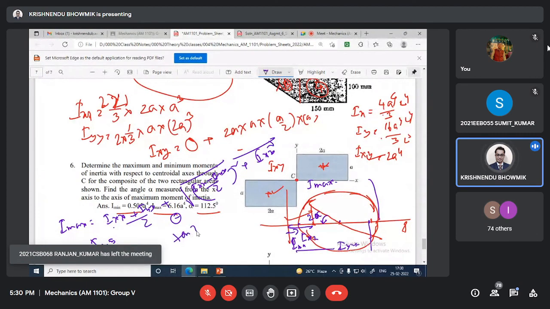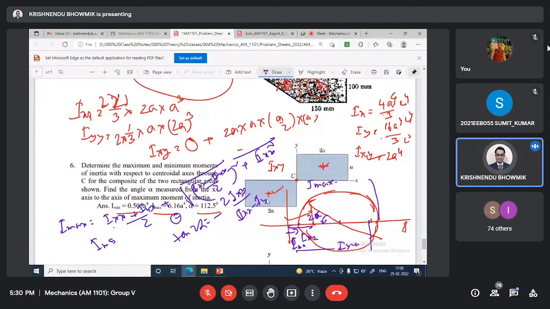Tan 2 alpha will be minus 2 IXY over IXX minus IYY. You just put the values, and you will be getting alpha. 2 alpha will be 45 degree, alpha will be 22.5 degree or 112.5 degree for maximum and minimum value.